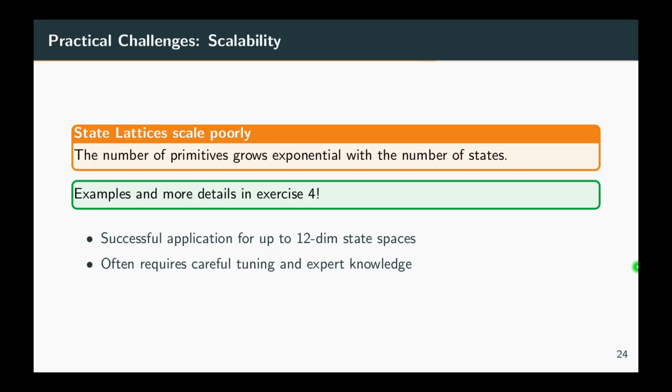Now, the state of the art is that we can handle up to 12 dimensions fairly well with the search-based primitives, and that was, I think, a mobile robot that also has an arm. But most of these systems require fairly careful tuning and expert knowledge, and we will look at some concrete examples in a little bit.